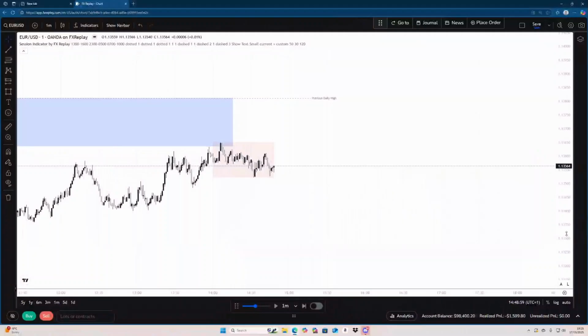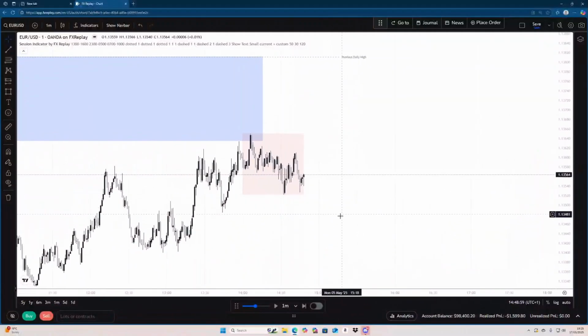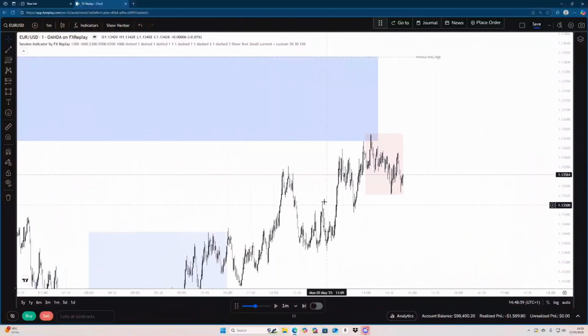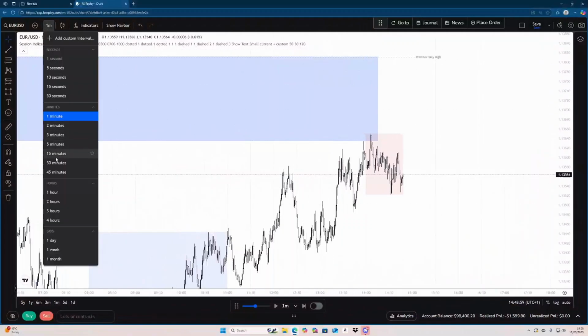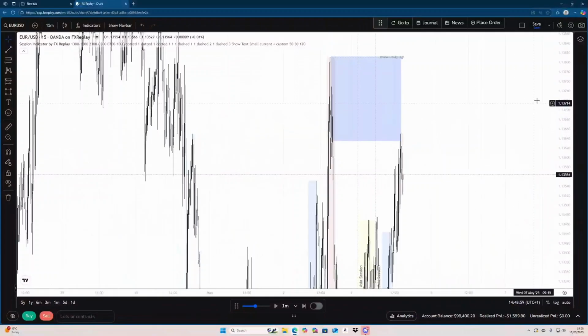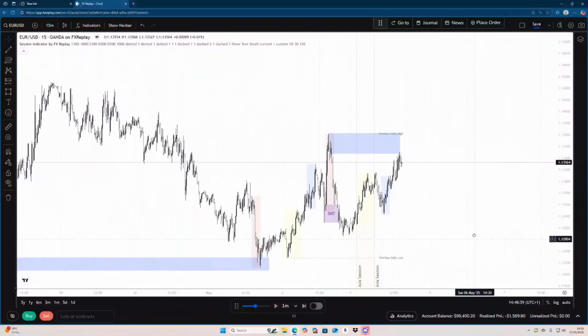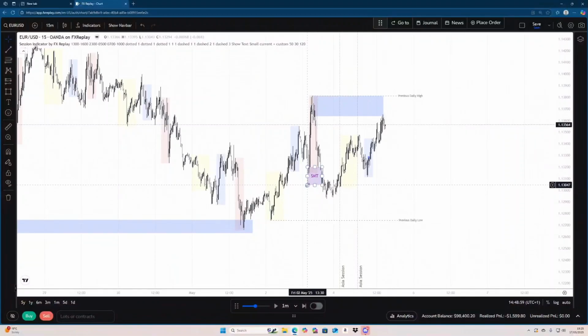Bro, this is the supply that caused the move down, right? This took out this breaker structure here. But the other guy was saying we could still be respecting this demand. So you see how this breaker structure here has come down, taking out this SMT trap to fill in this zone.